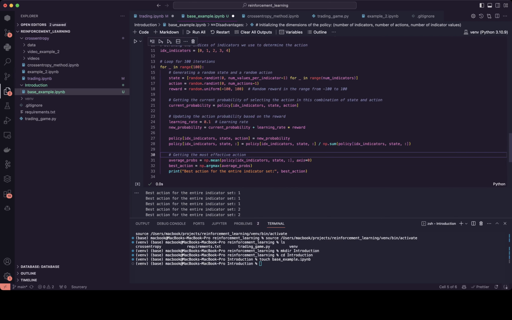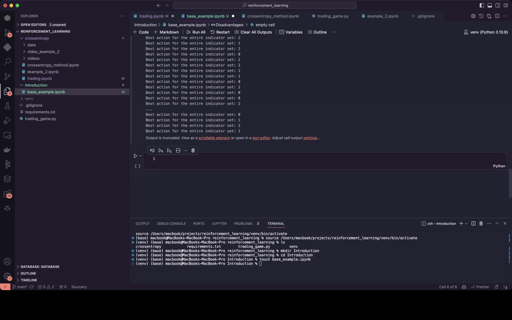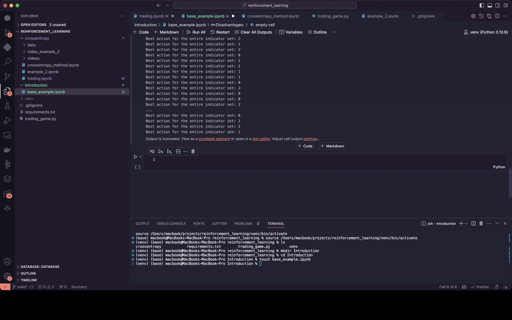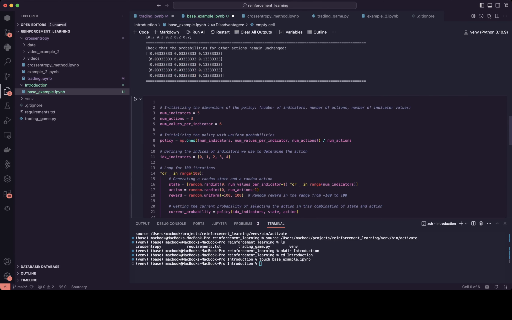And then we calculate our average probability, and then we calculate what the best actions are. And if you run it 100 times, you see, for example, that every time we update what the best action is depending on our policy right now. It's a very simple example. So we're using a 3D shape matrix instead of 2D because we have a number of indicators, since I would like to use in the future, for example, 100 indicators.